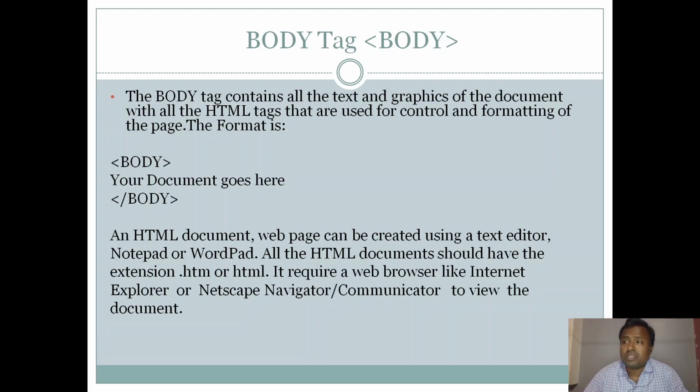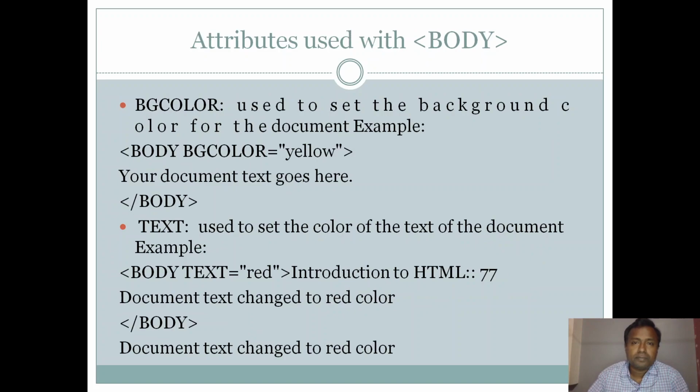If you want to display the data in tabular format, you can use the table tag. If you want to display the data in multiple frames, you can use the frame tag. If you want to provide hyperlinking, you can use the anchor tag. All sorts of markup language tags can be used within the body.